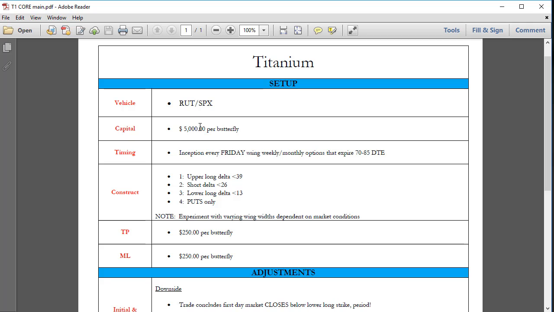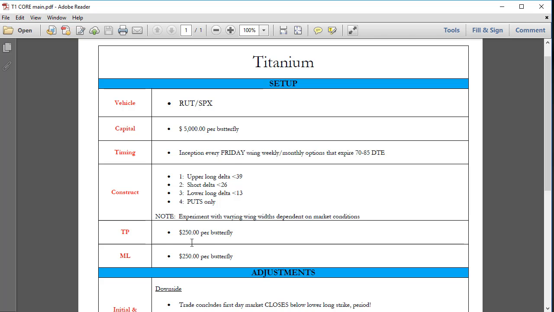That's why the money management aspect of this is so important, and yet money management is entirely different than risk management. We're managing risk differently than we're managing our money. If we put this trade on every single Friday, that gives you 52 trades a year.